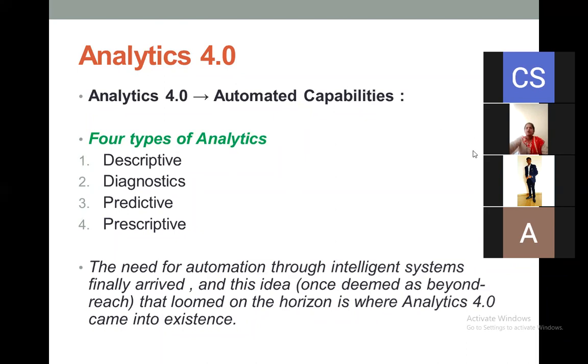So in Analytics 4.0, nowadays they have some automated tools. This is called an intelligence system. It deals with the historical data and the current data, and automatically, by using that automated tool, we retrieve the meaningful information.